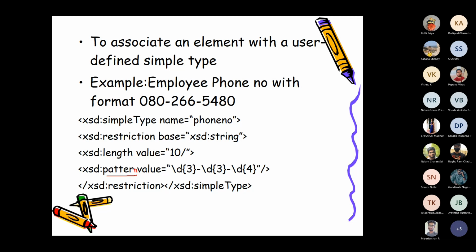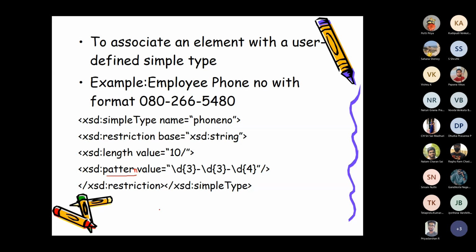And then in curly braces, you mention how many digits. So 3 digits. Then a hyphen symbol should be there. Again digits, how many? 3. And then a hyphen. Again digits, curly brace 4, which indicates that 3, 3, 4 separated using hyphens is the format.